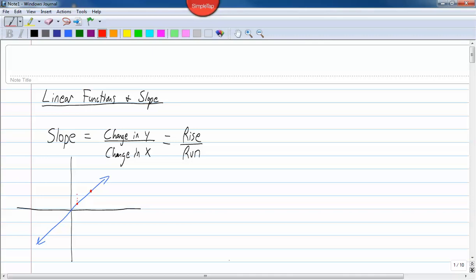Rise would mean how far up is the other point we're looking at. Run would be how far to the right or left. How far up or down would be the change in y. How far to the right or left would be the change in x. Rise over run.